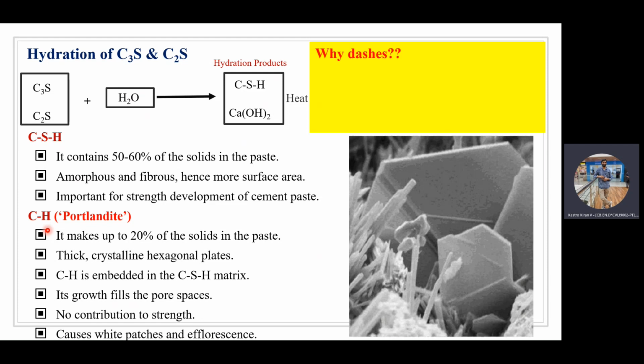Now let's understand this factor: if you observe C-S-H, and you can also see C-H, you can see the dashes are available. What do these dashes represent and why are they there? These dashes indicate that there is no strict ratio between silicon dioxide and calcium oxide. So CSH, what is C? Calcium.